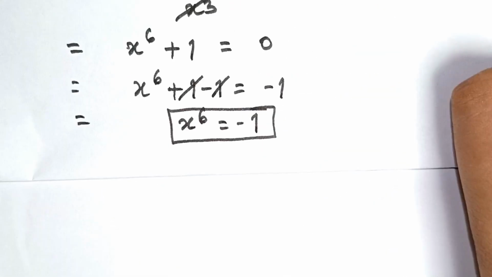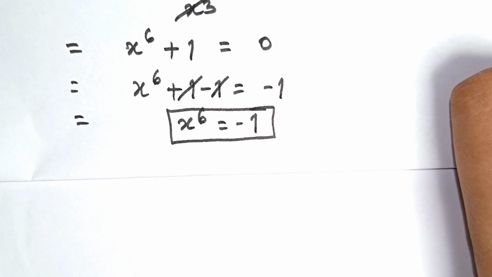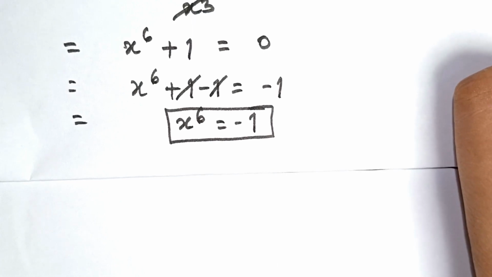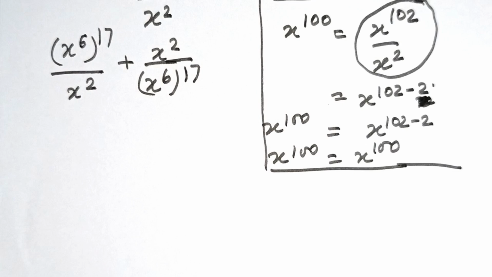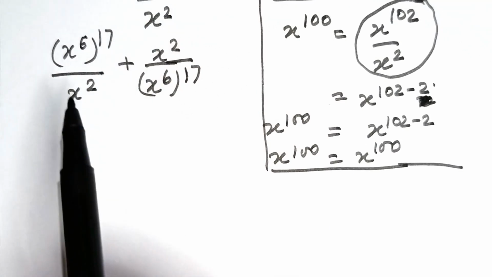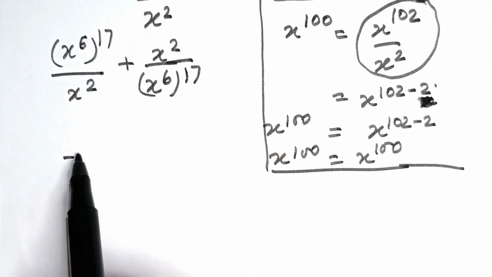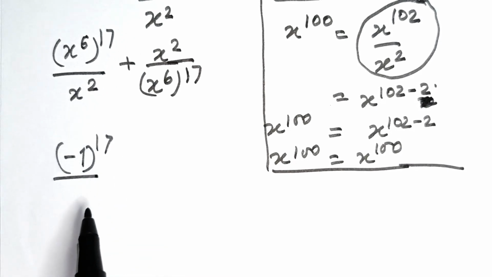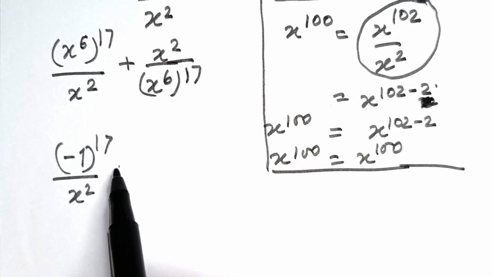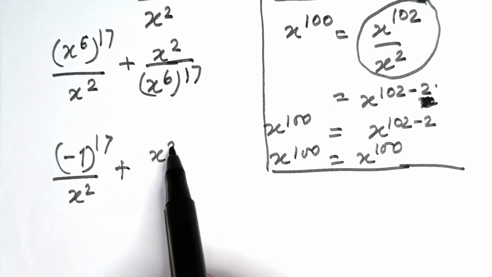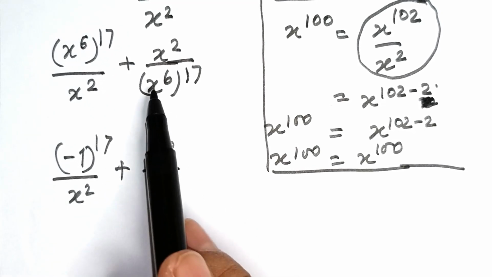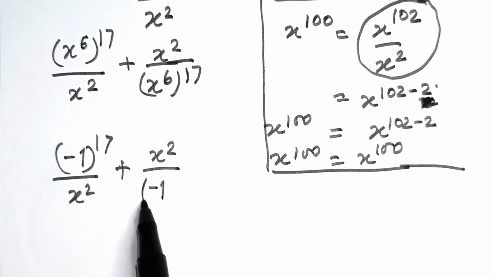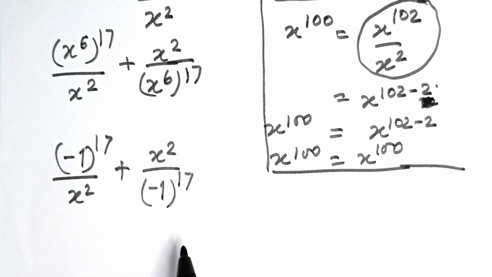Now, as we obtained x to the power 6 is minus 1, putting this value in the question, it will become, in place of x to the power 6, we will write minus 1 to the power 17 upon x to the power 2 plus x to the power 2 upon, in place of x to the power 6, minus 1 to the power 17.